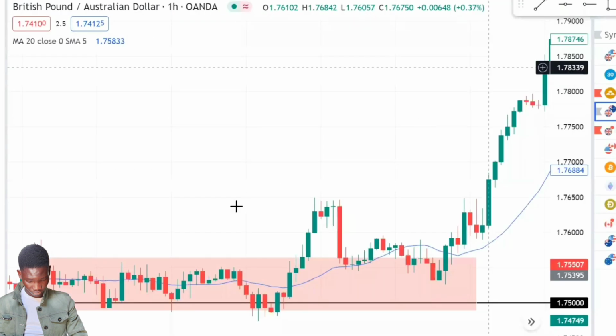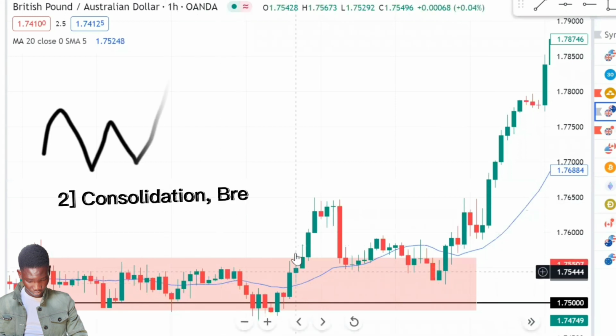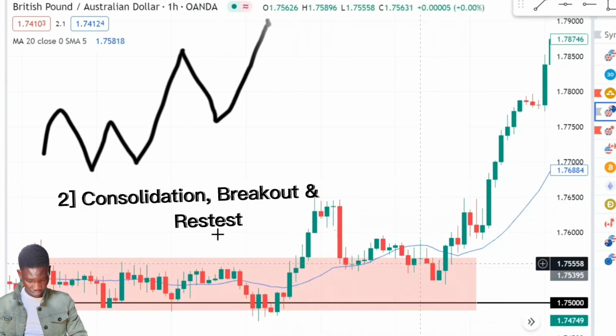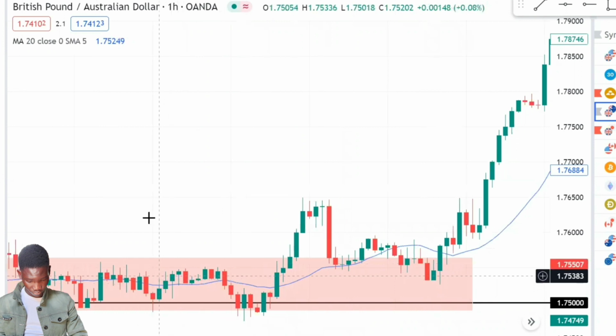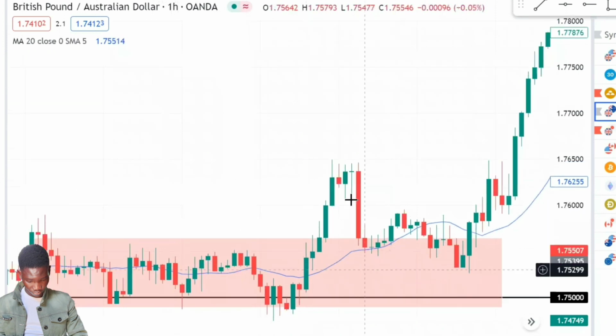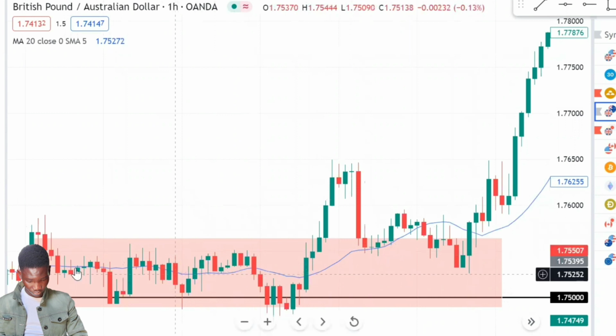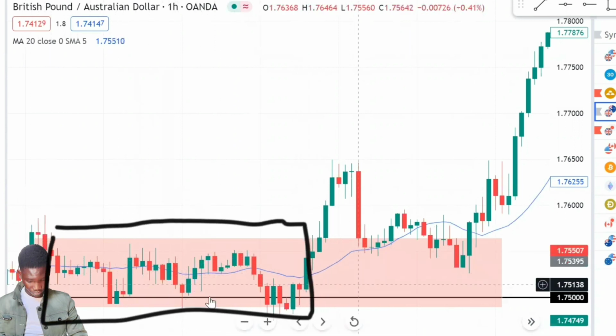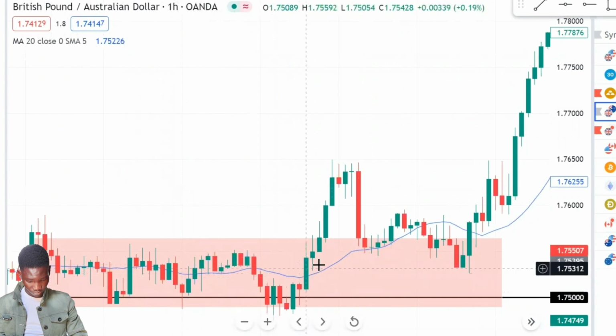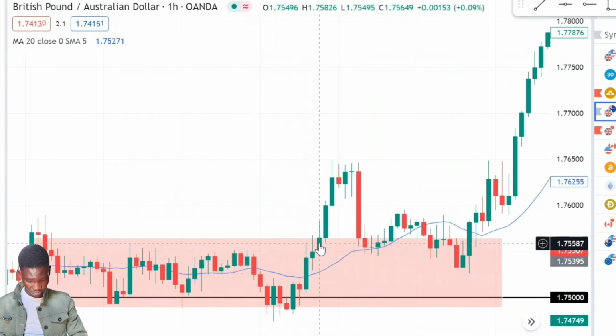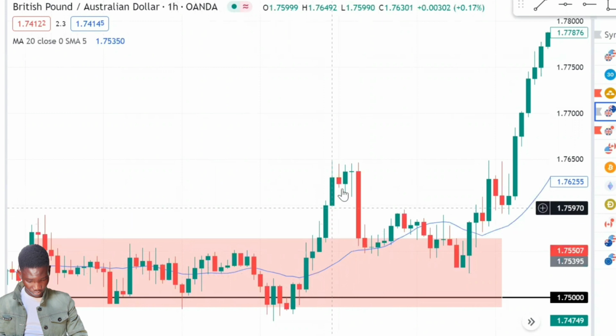So the second type of breakout is the consolidation, breakout, and retest. As you can see here, this is a typical example of the consolidation, breakout, and retest. Most traders don't usually wait for the retest after a consolidation. What I do when I see a consolidation is draw a box around it and wait for a big momentum move that will break out of the box I've drawn.